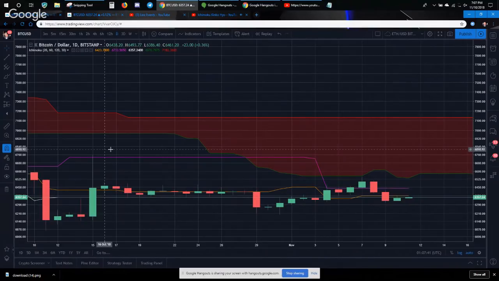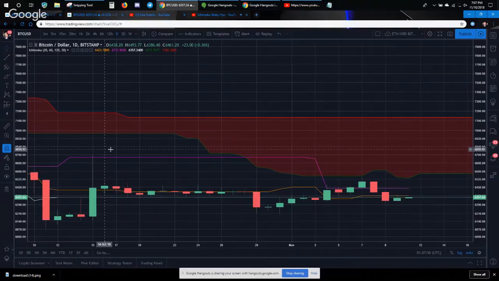The Ichimoku factors in time as an additional element along with price action, similar to William Gann's trading ideas, if any of you are familiar with him. The Ichimoku chart was originally formulated based on the traditional 6-day Japanese trading week.